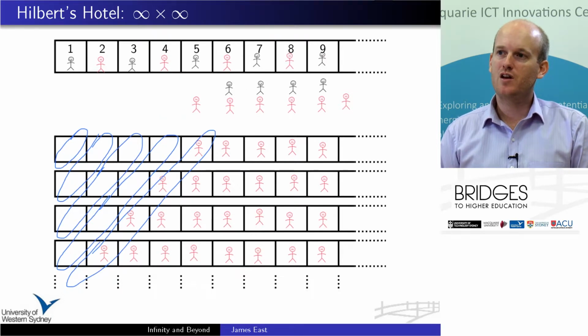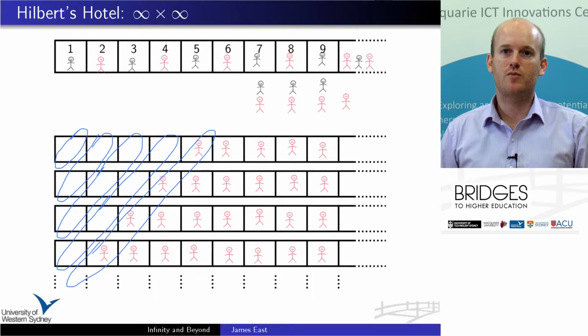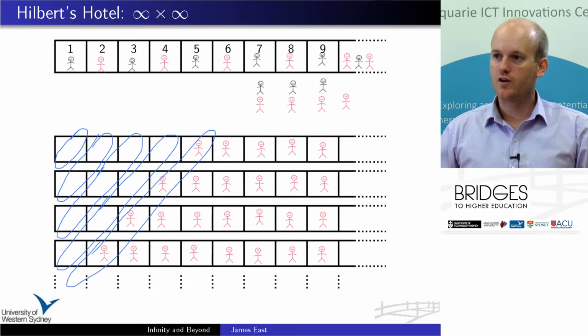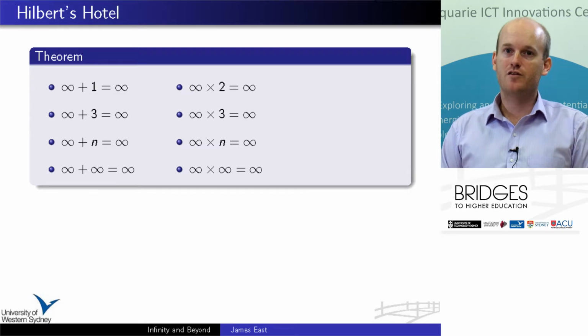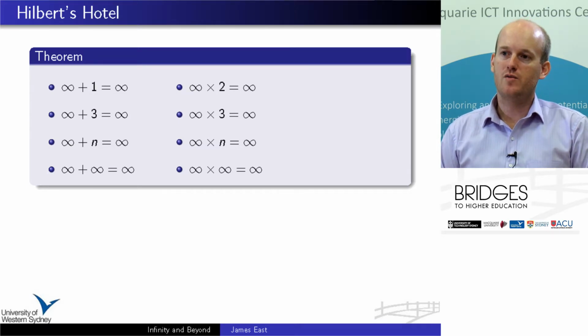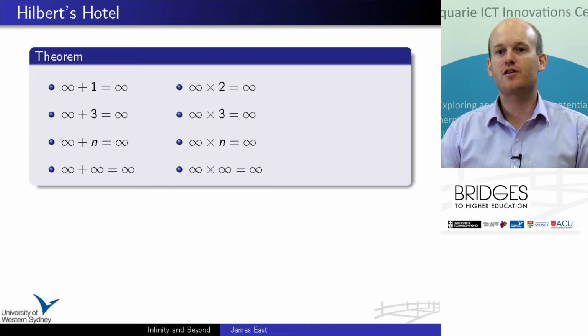So infinitely many buses somehow managed to fit into the hotel, even though it was completely full. It's madness, basically. So the thing we've proved there is that infinity times infinity is infinity. Okay, a million times a million is most definitely not still a million. It's a much bigger number, but infinity times infinity doesn't get bigger somehow.